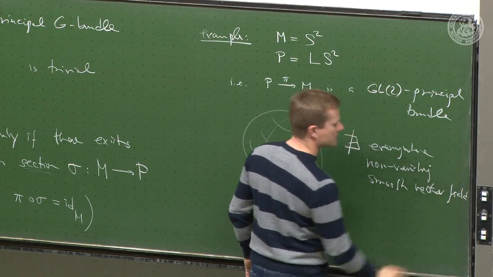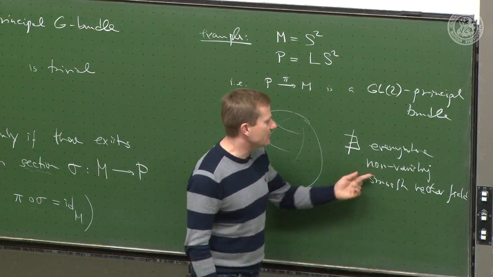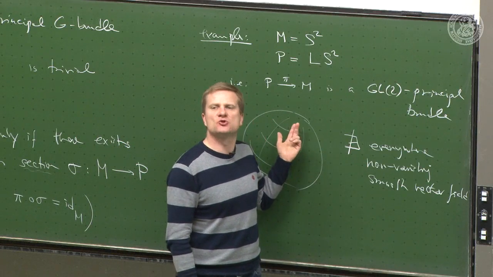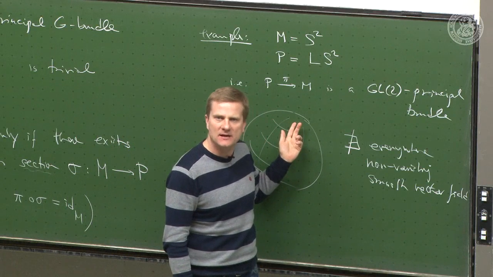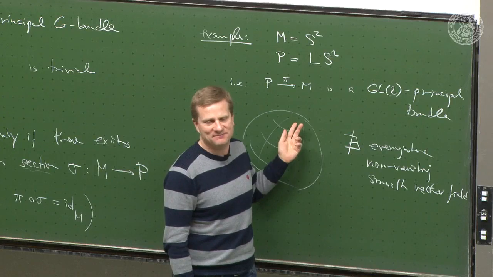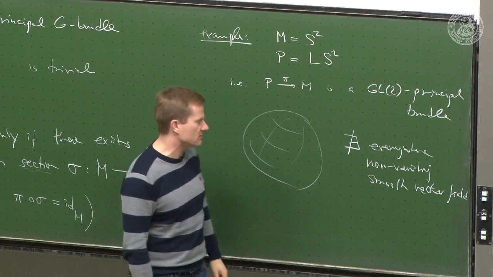You remember, you can't comb a sphere. But if there is not even one non-vanishing smooth vector field, much less are there two linearly independent, separately non-vanishing smooth vector fields. So that means there is no section.